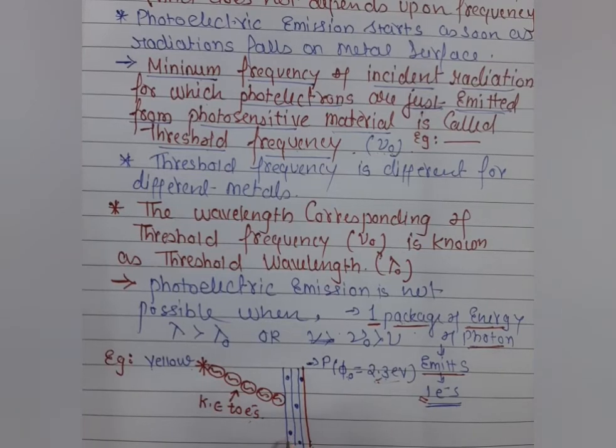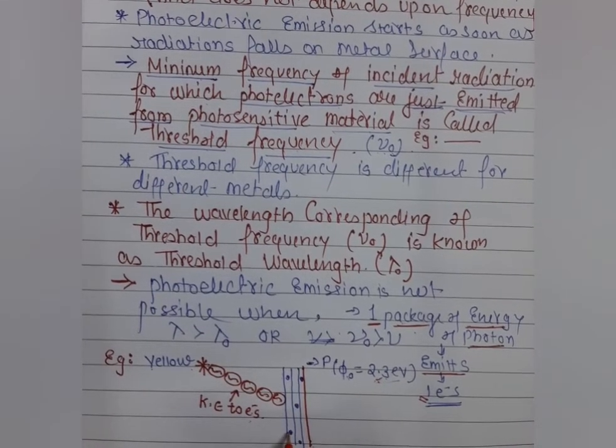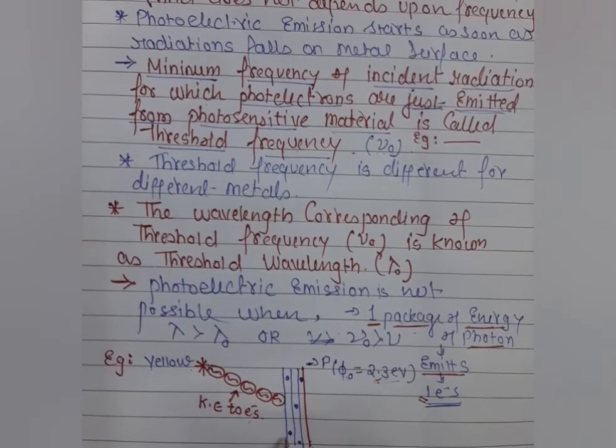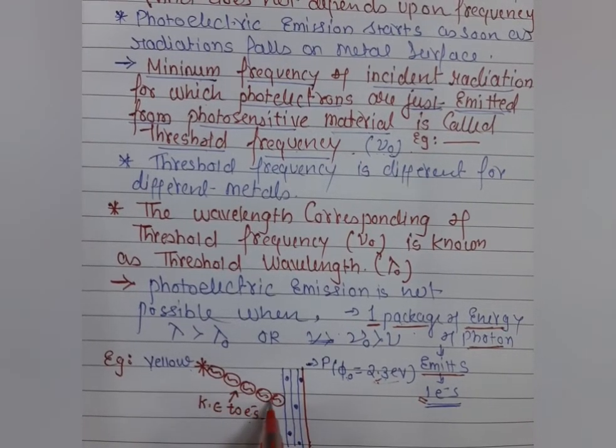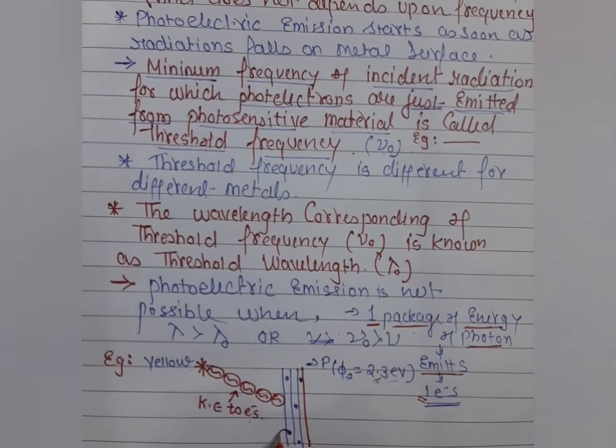The electrons at the outer surface of this metal plate experience maximum kinetic energy. Yes, because when the energy ejects an electron, the electron is just emitted.